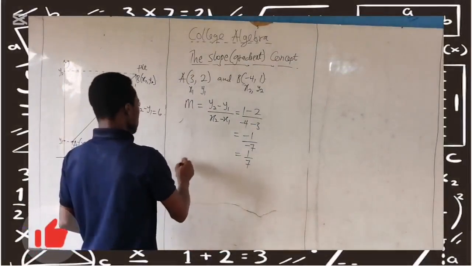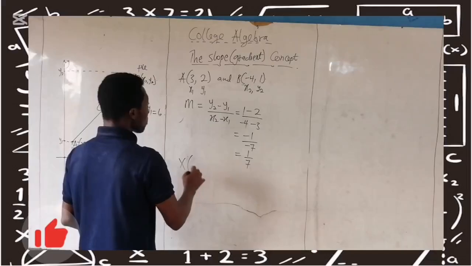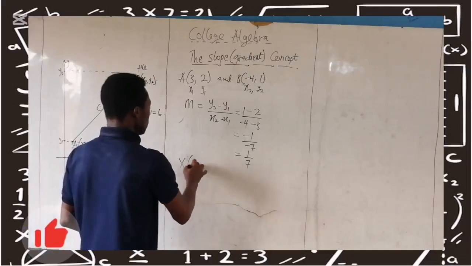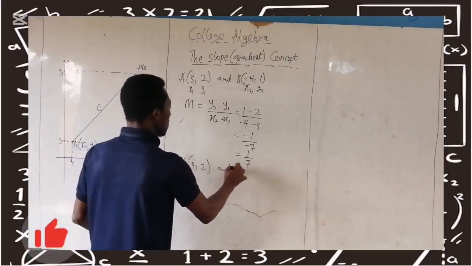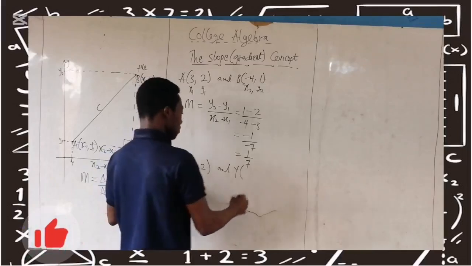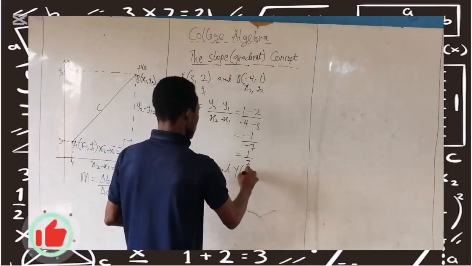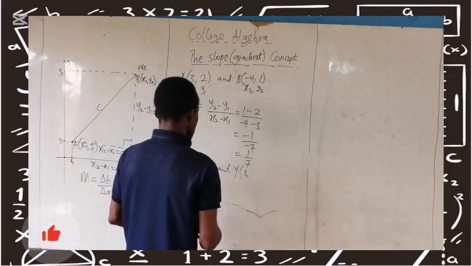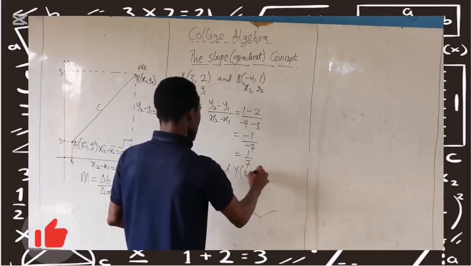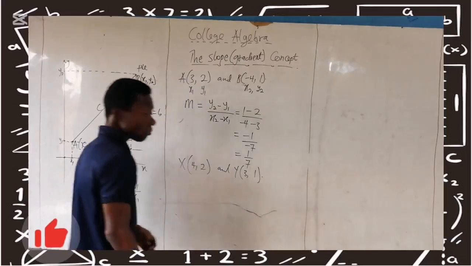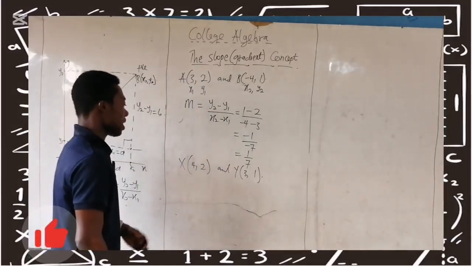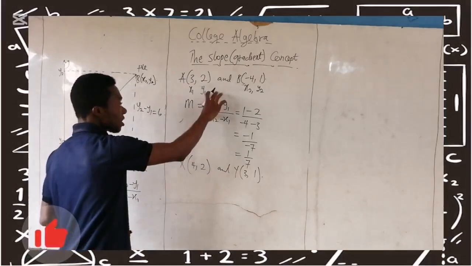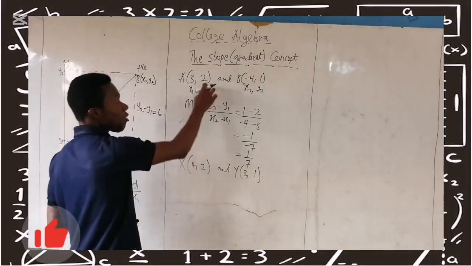We have x to be equal to 4, 2, and y to be equal to 3, 1. So let's see how we can also find the gradient here. You just have to quote your formula, but before that, I need to make a representation.